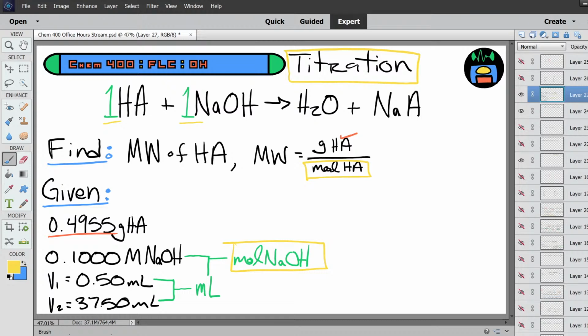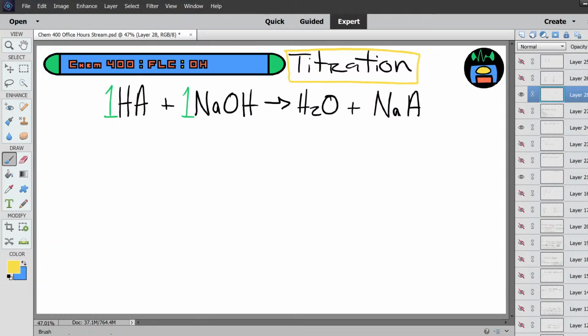So it's a very similar pattern as the previous problem. We're just finding a slightly different thing. We're finding a molecular weight instead of a molarity. But the thing that those two have in common is you need moles to find molarity. You also need moles to find molecular weight. And that is why they're both titration problems, because they're both involved in finding moles.